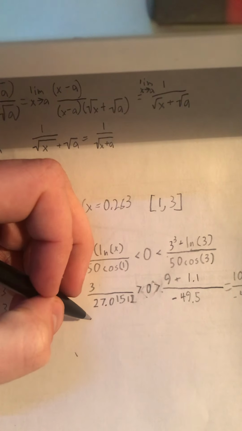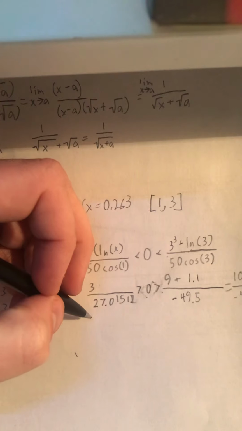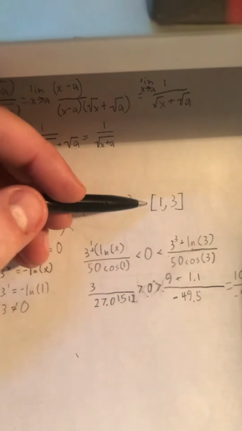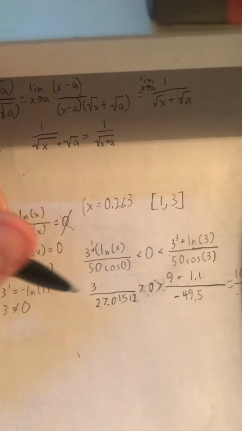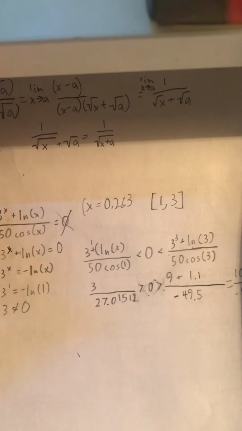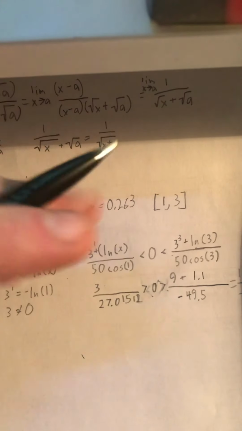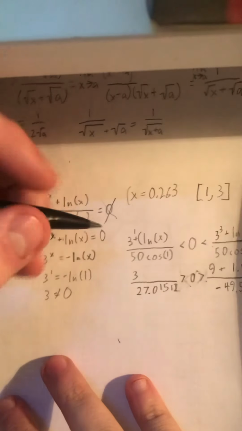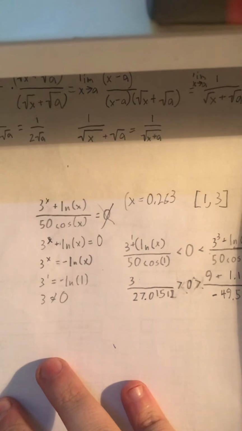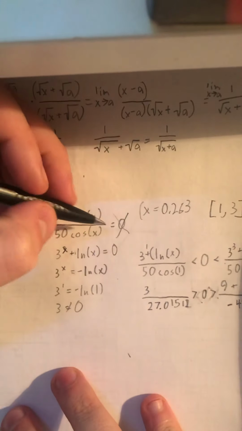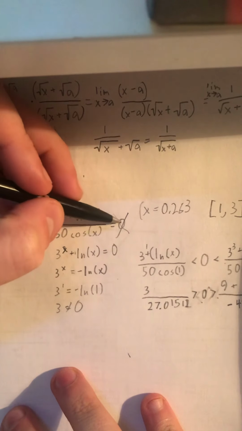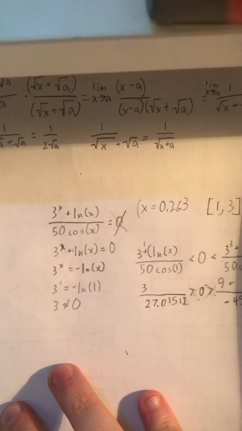Well, that's definitely true. It can definitely fall somewhere between 1 and 3, according to IVT. But that's ignoring x equals 0, or the f of x equals 0, rather.